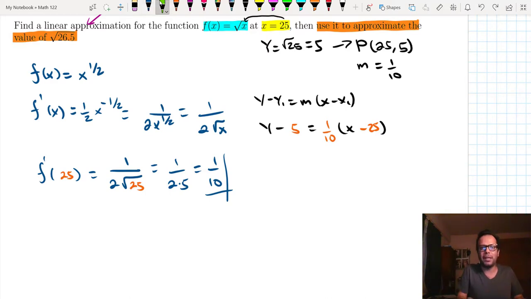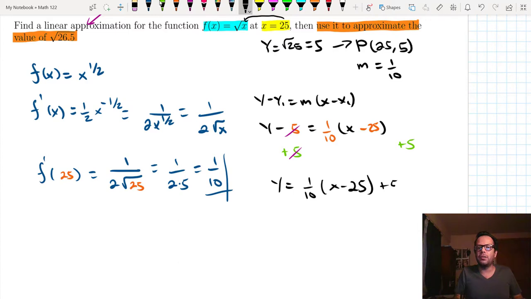So we add 5 to both sides, which cancels the minus 5 plus 5, and we get y equals 1/10 times x minus 25, plus 5. What did we get?